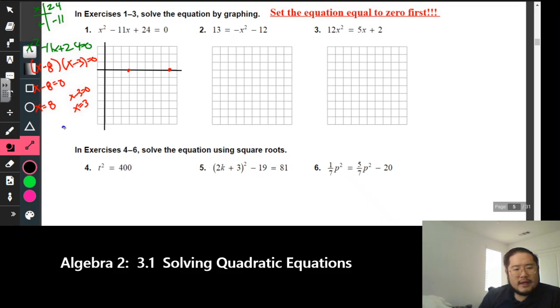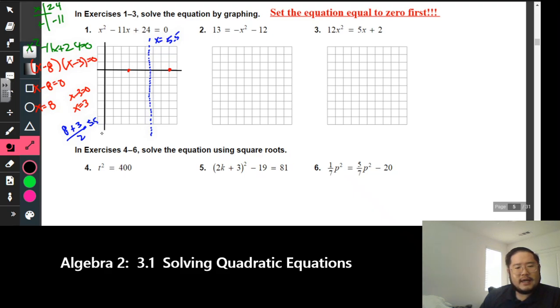So I could take 8 plus 3, divide that by 2, and that will get me 11 over 2, which is 5.5. So this is 3, 4, 5, 5.5. This blue dotted line is your axis of symmetry, always an equation, and x is equal to 5.5. So somewhere along here is where my vertex will be.